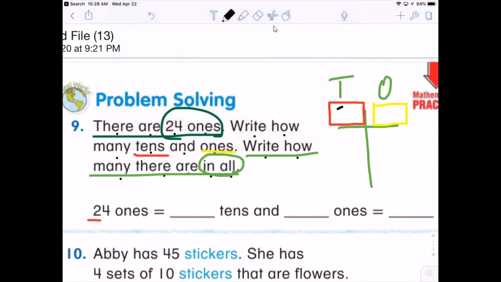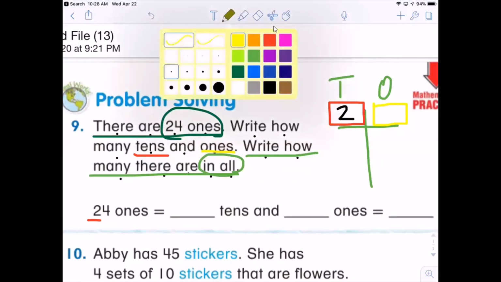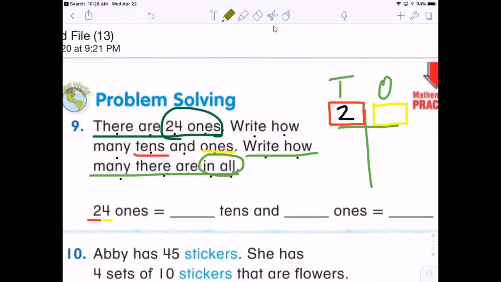2, okay? How many ones do I have? 4. Okay. So now I would write it here. I have 2 tens and 4 ones equals 24.